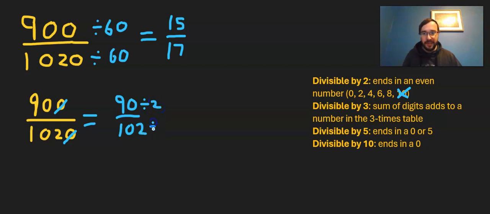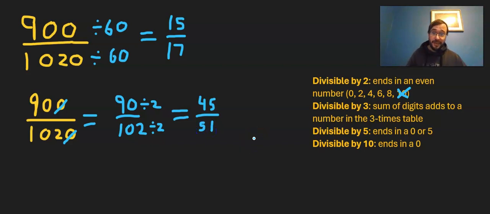So we'll divide them both by 2 because they're both even. 90 divided by 2 is 45. And 102 divided by 2 is 51. Okay. Let's check if these are both even, because, again, that would be a good one to do if we can. But 45 is not even, and neither is 51, so, okay, we can't do 2.